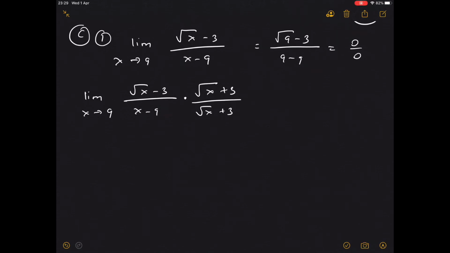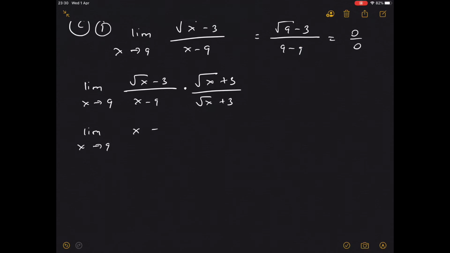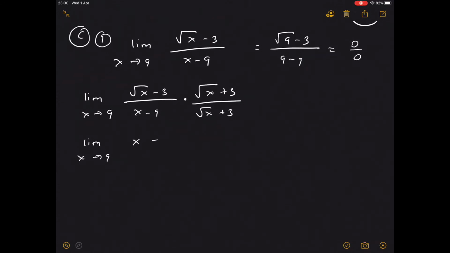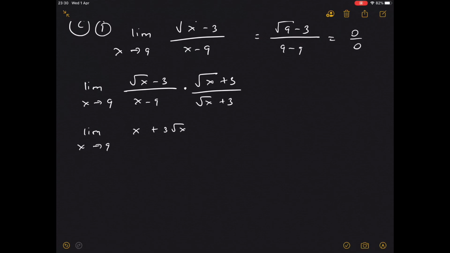So the numerator will be root x times root x, so you will have only x, minus root x times 3, that will give you plus 3 root x, then negative 3 times root x, you will get negative 3 root x, and negative 3 times positive 3, you will have minus 9.